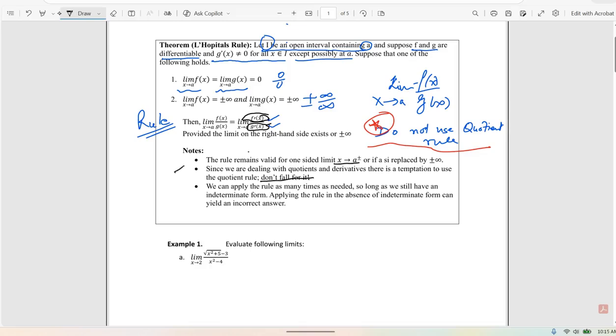Don't do that. We can apply the rule multiple times as needed, as long as we still have indeterminate forms, when the limit is in the 0 by 0 form or infinity by infinity form. We'll do more indeterminate forms later, but right now let's focus on these ones.